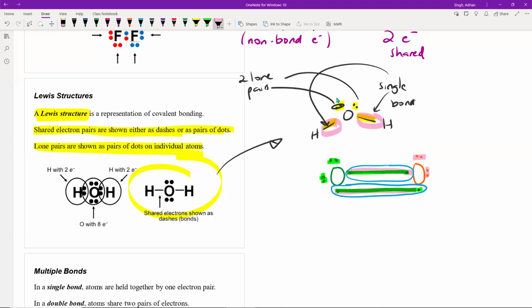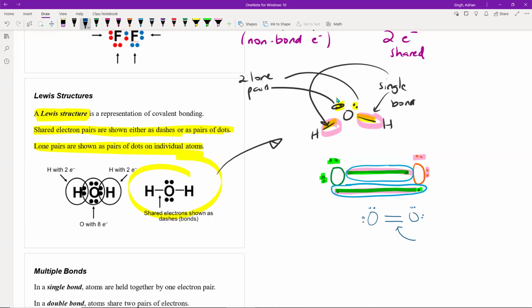They're both happy. They satisfy the octet rule. When we draw the Lewis structure, you have 2 lone pairs left on the oxygen on the left, another O on the right with 2 lone pairs, and connecting both oxygens, we have 2 pairs of electrons. So we have one pair of electrons, a single line, and a second pair of electrons, a second line.